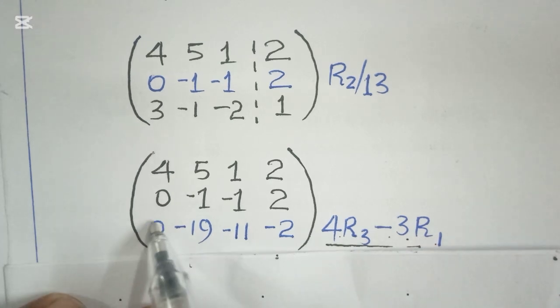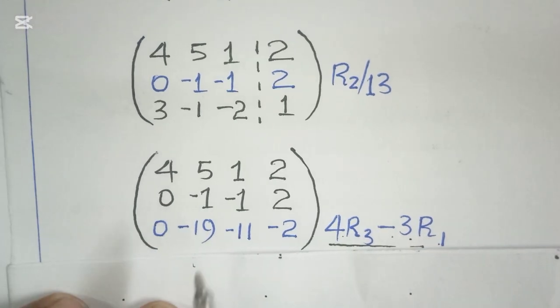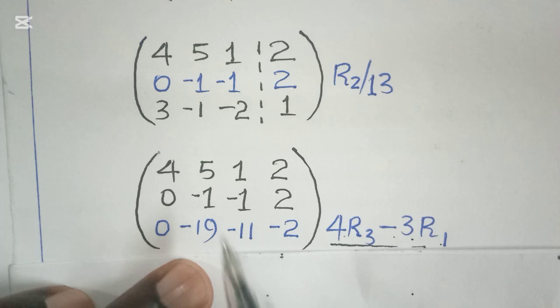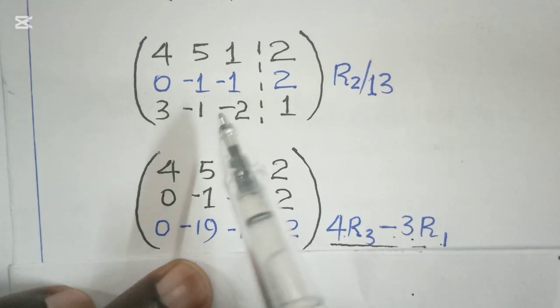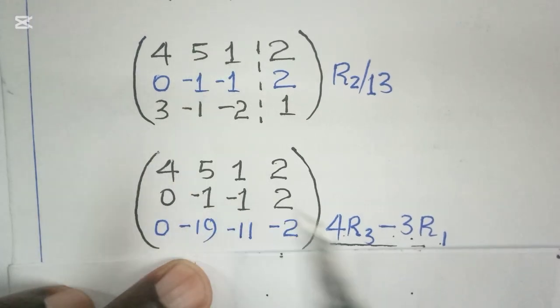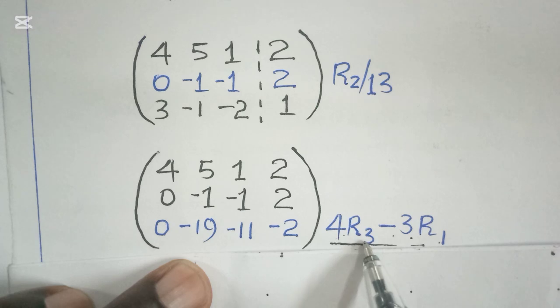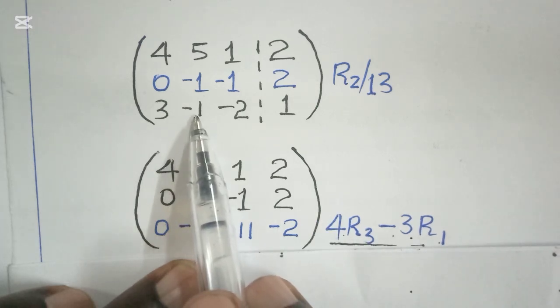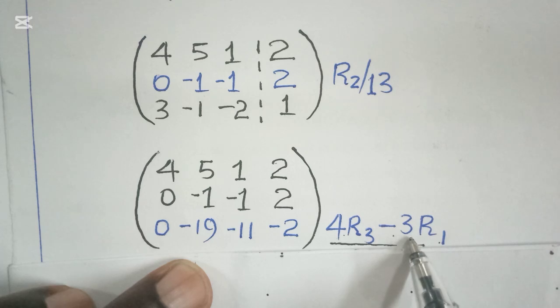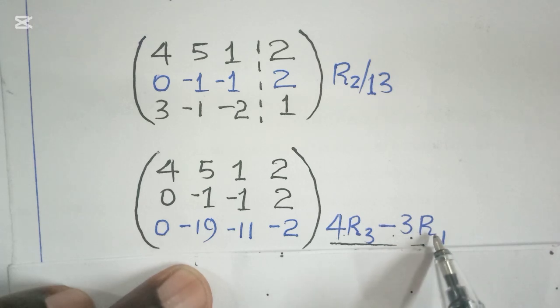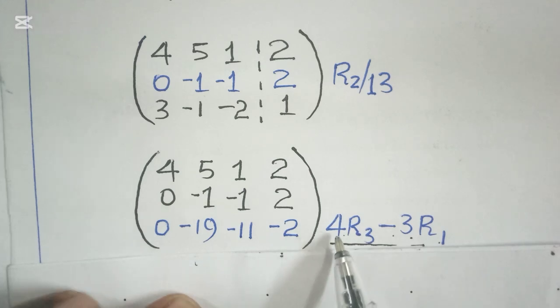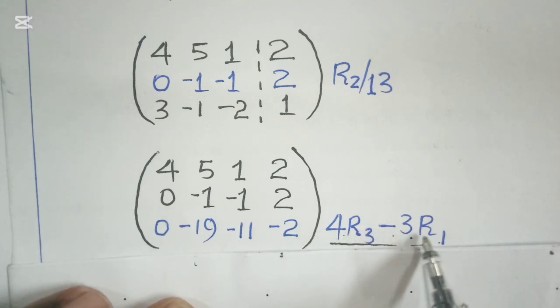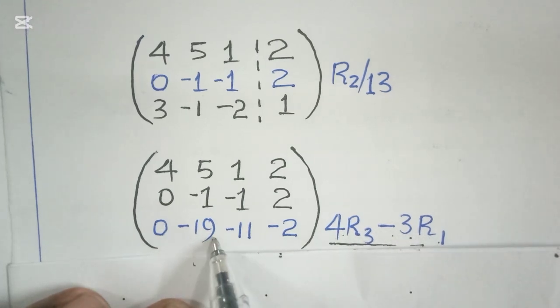And this gives us 0. Then we go to this value, where we come to this row and say 4 multiplied by row 3, that is 4 multiplied by -1, we get -4. Minus 3 row 1, that is 3 multiplied by 5, we get 15. So this becomes -4 minus 15, which gives us -19.